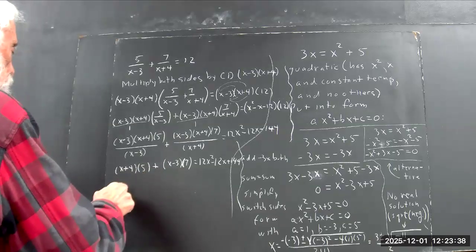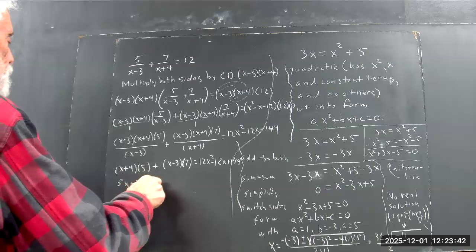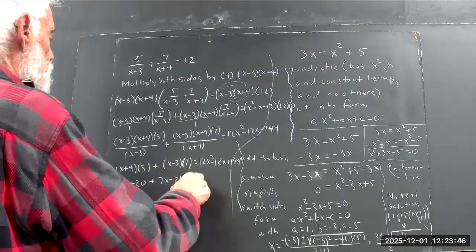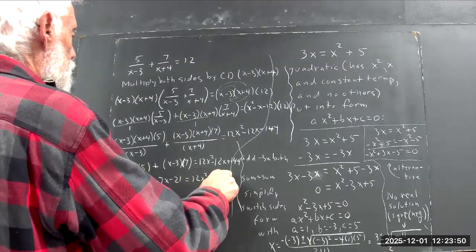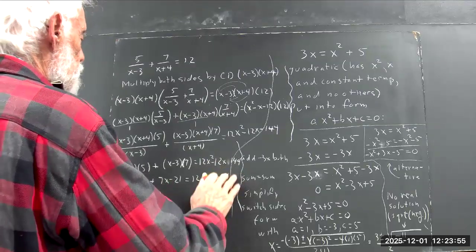Using the distributive law here, we get 5x plus 20 added to 7x minus 21 equals 12x squared minus 12x minus 144.